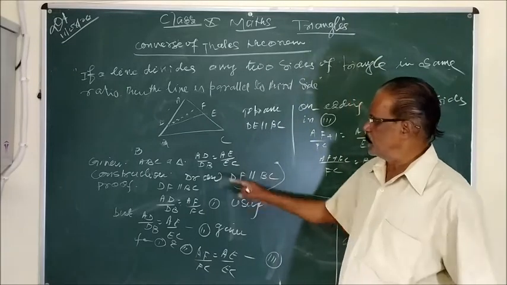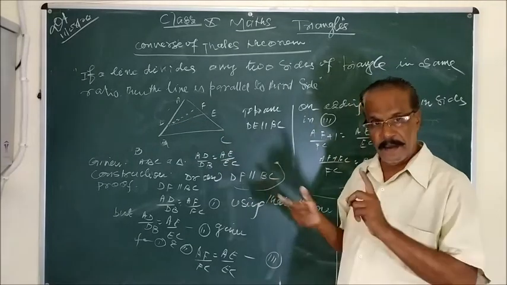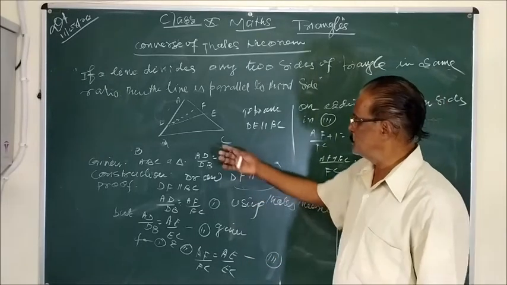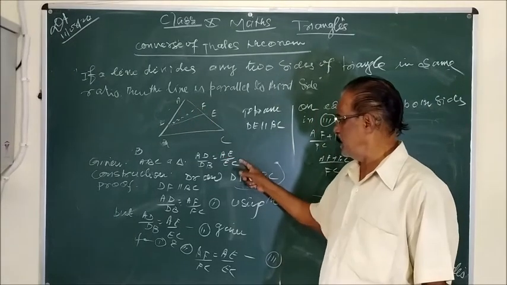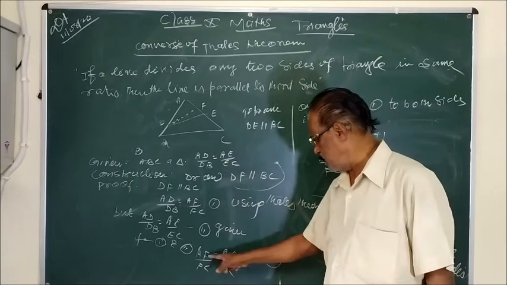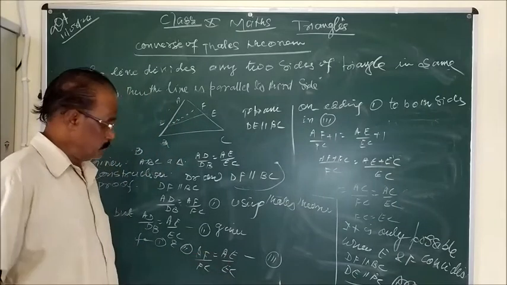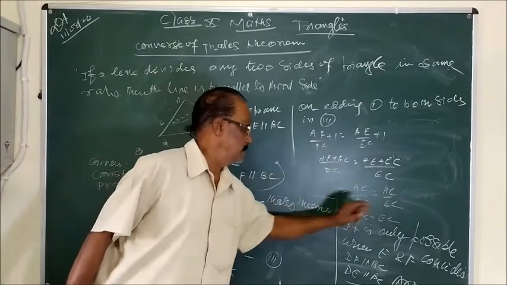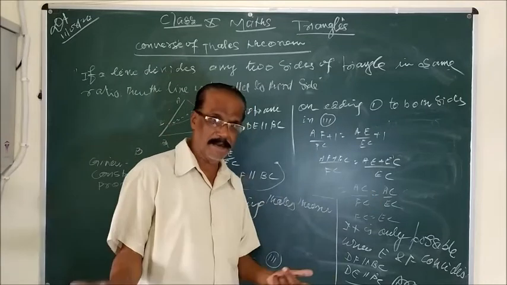Now you see the construction, we draw DF parallel to BC. We can use the Thales theorem. By using Thales theorem, AD by DB equals AF by FC, and it is given that AD by DB equals AE by EC, left side equal, RHS will be equal, so AF by FC is equal to AE by EC. Now adding 1 to both sides, we get AC by FC equals AC by EC. The numerator is cancelled, because on both sides you can divide by AC.